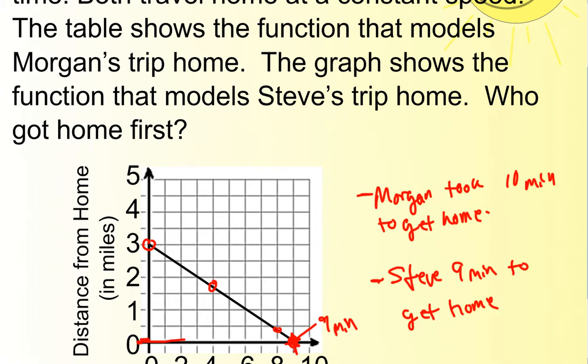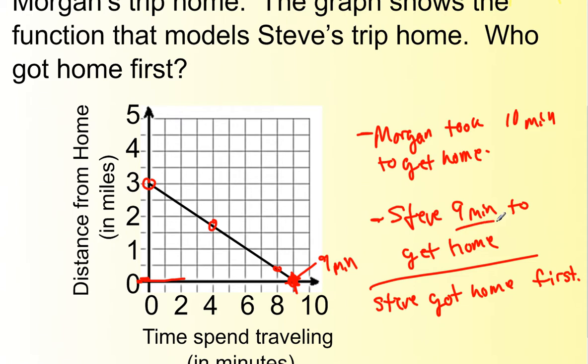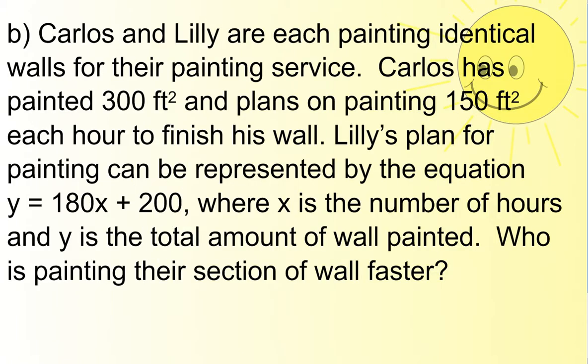Steve got home a minute faster than Morgan. So Steve got home first by 1 minute. 9 minutes for Steve, 10 minutes for Morgan. That wasn't too bad. It's being able to interpret your graph, reading the equations, reading the tables, and finding the information that you want. Being able to understand them.